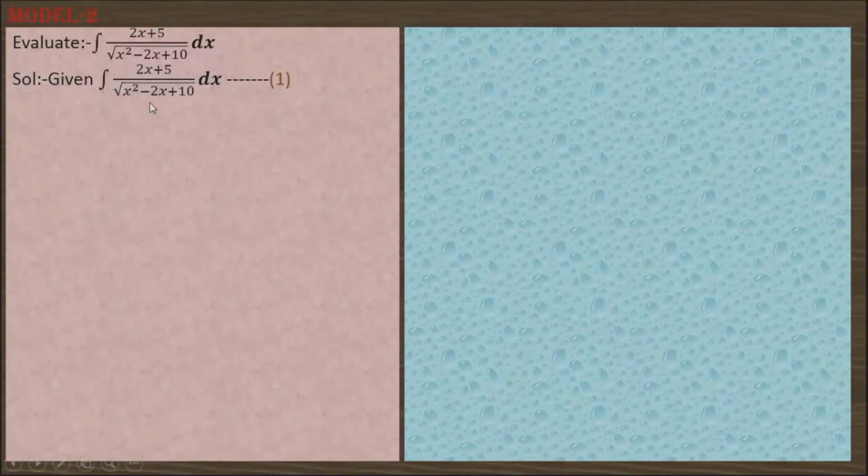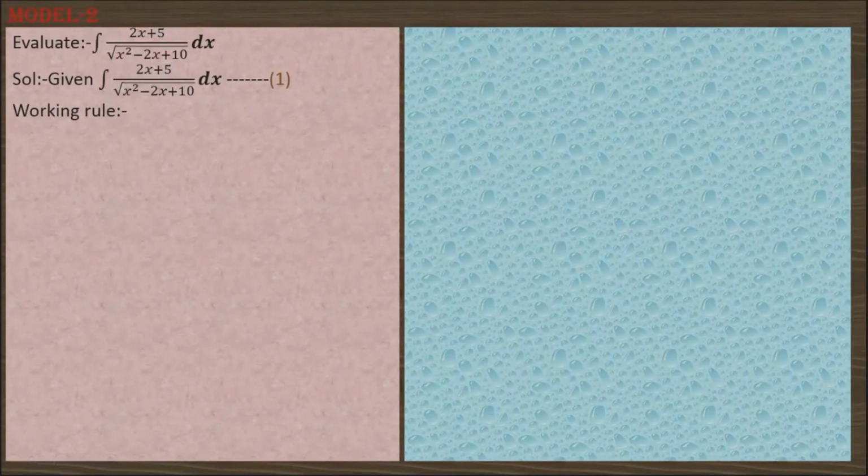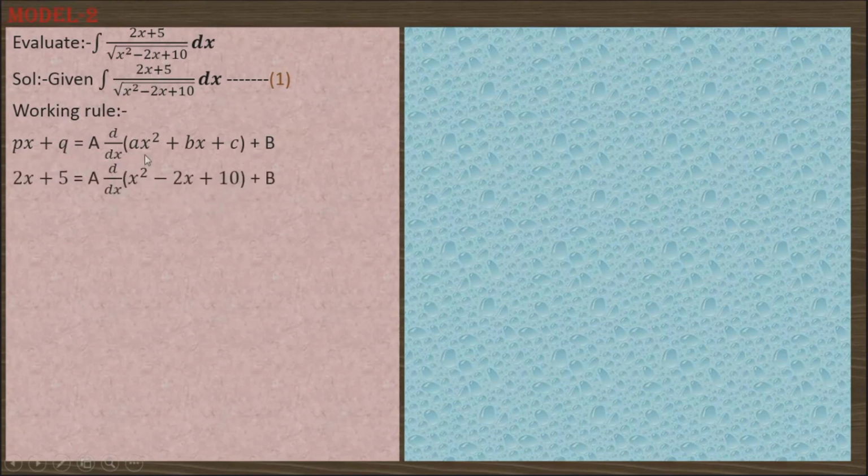Same. I am taking the equation as 1. Its working rule is px plus q is equal to a into d by dx of the quadratic term plus b. So by writing in this form, here px plus q on the problem is nothing but 2x plus 5. So 2x plus 5 is equal to a into d by dx. So what is the quadratic term here? X square minus 2x plus 10, plus b.